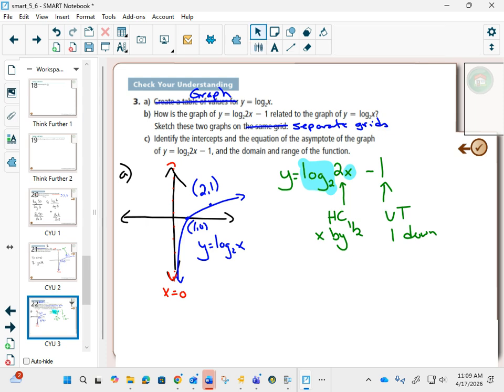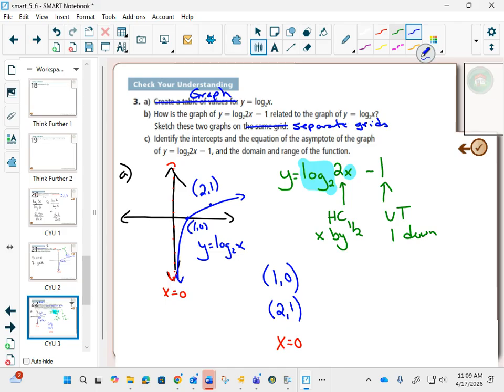So we're going to take our original points, which were 1 comma 0 and 2 comma 1. And we're going to take our original asymptote, which was x equals 0. We do all of our stretches and compressions first, and then our translations second. So what do we have to do? We have to multiply our x values by 1/2, and then we're going to have to go 1 down.